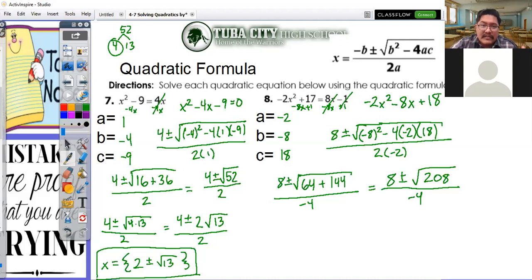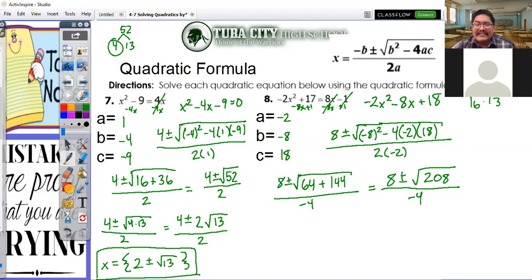But again, neither of these are square numbers. 4 is a square number, but I think we can get one bigger out of it. So I'm going to do the same thing. I'm going to double this one, and I'm going to half this one. 26 becomes 13. 16 times 13, and that's going to be 208, and that's good, it works.